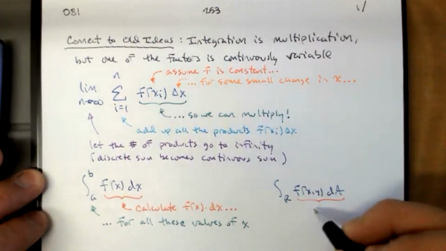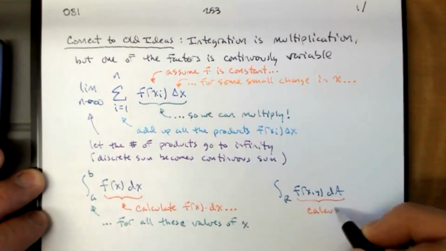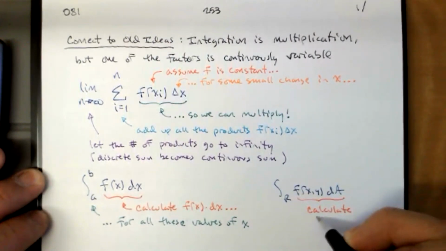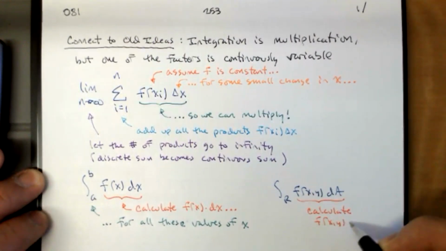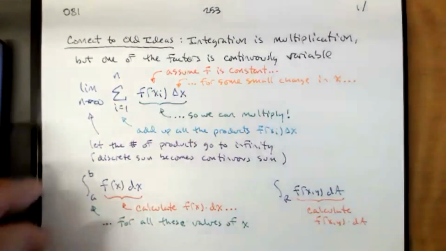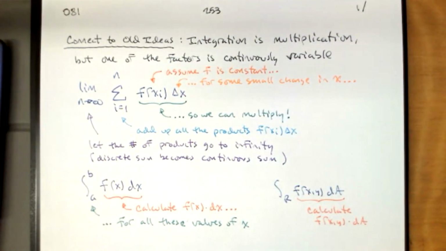This is what we're calculating. We evaluate the function at a point, multiply by the dA.